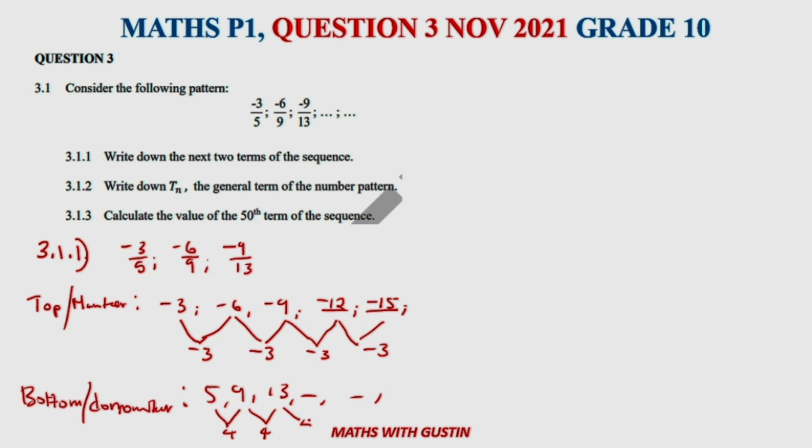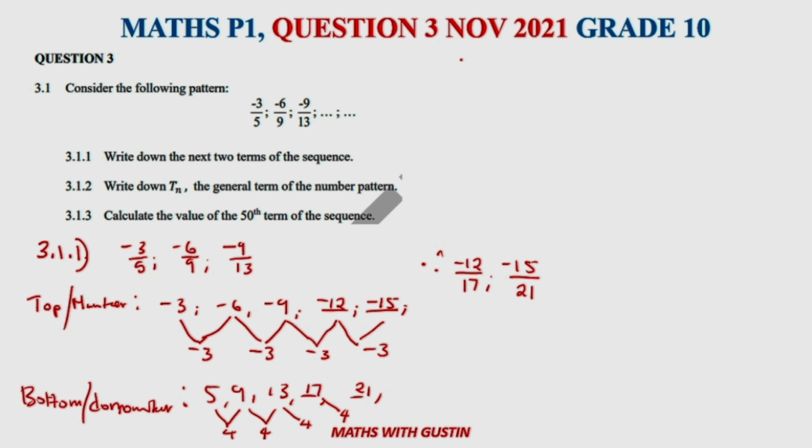Therefore, 13 plus 4 is going to give us 17, and 17 plus 4 is going to give us 21. So I can simply say negative 12 over 17 is our next term, and therefore also negative 15 over 21. Okay, so those are the next two terms.